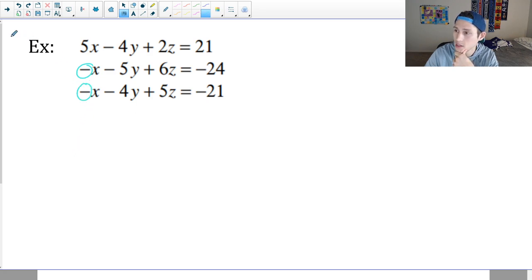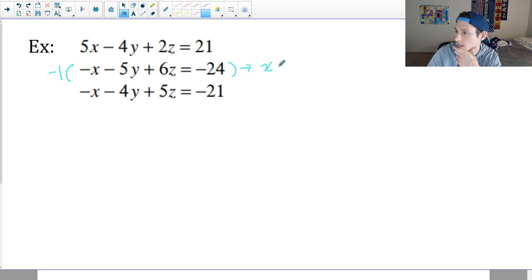-1 and -1 are easy to work with because if we multiply any number by 1, it's just itself. So let's probably start by eliminating the x's. And let's first deal with these 2 equations. All right, so this first one, I'm going to multiply by -1 though.